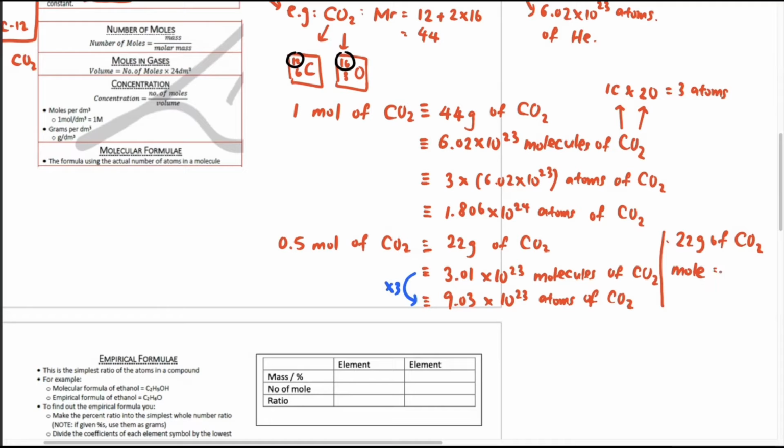How many mole are here? Then I can use the formula given over here. So you want to find out the number of mole, so we take the mass, 22 grams, divide by the molar mass. The molar mass is calculated here. This is the molar mass, 44. So we substitute 44 at the bottom.